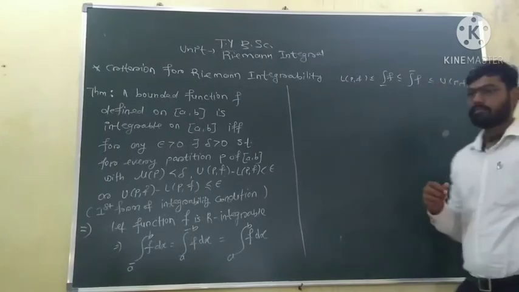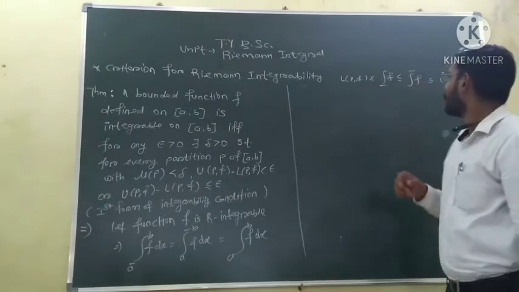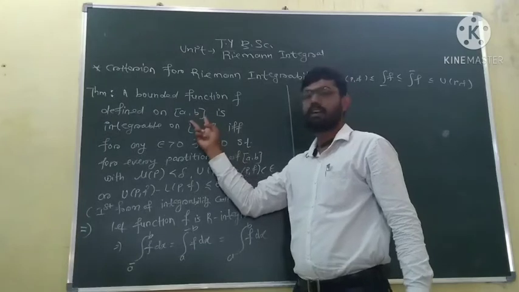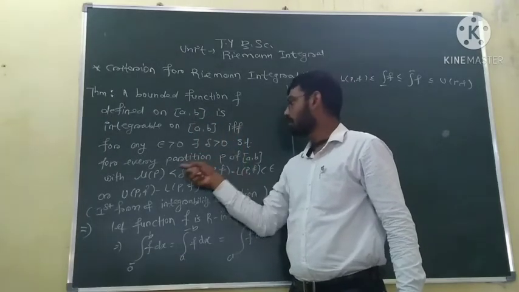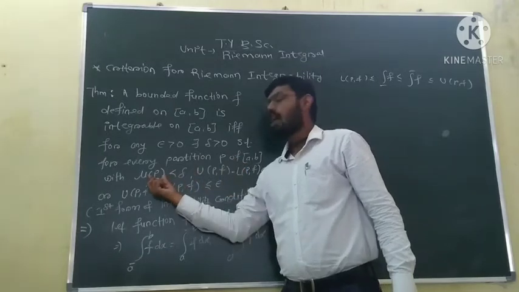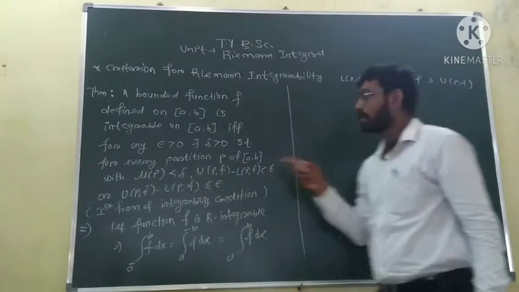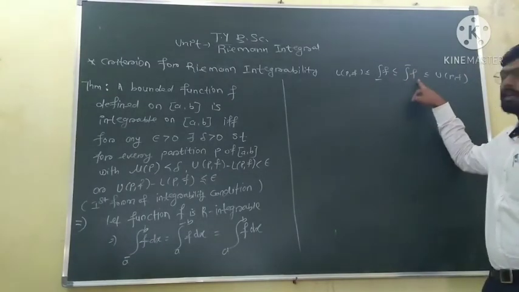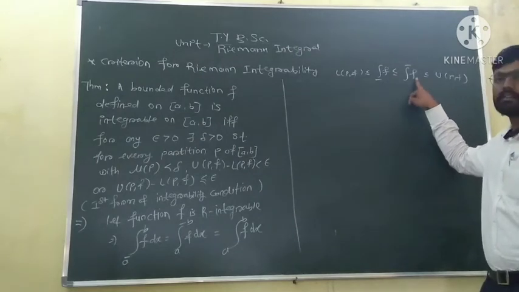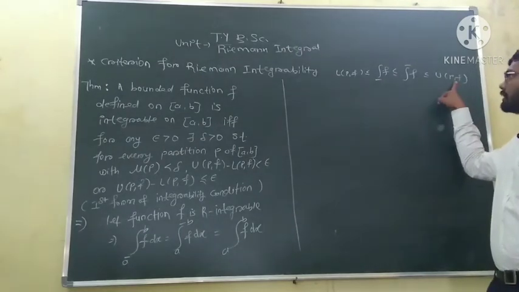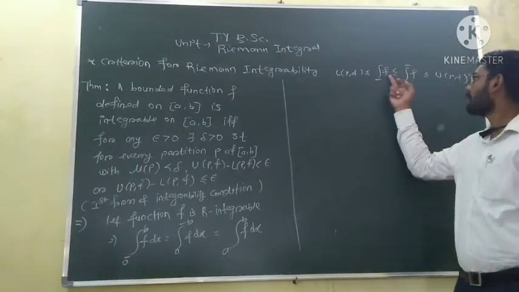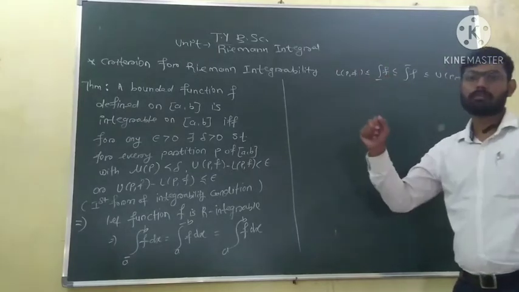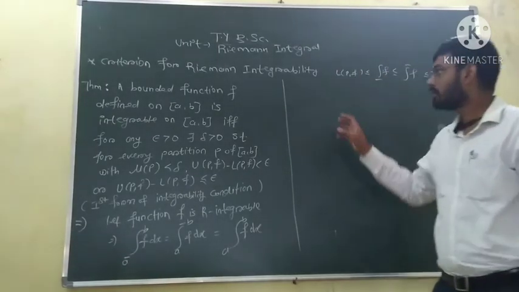But there is one theorem which says that if we have a function bounded on the interval [a, b], and there is some partition P such that the norm of the partition is less than delta, then we can add some number to the upper integral so that it becomes greater than the upper sum, and we can subtract some element from the lower integral so that it becomes less than the lower sum.